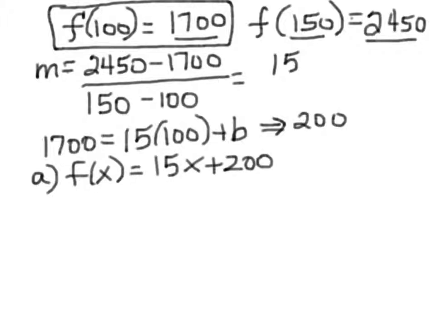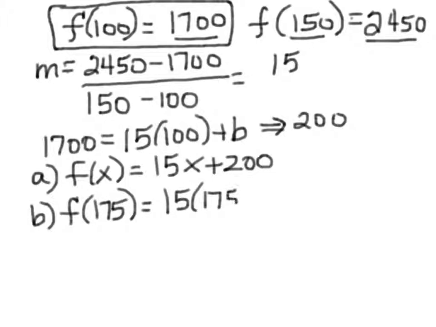What this tells me is that no matter how many people come, even if it's 0, I'm going to pay $200. And then I'm going to pay $15 for each person that comes. So that helps me figure out how much it's going to cost for any number of people. The second part of the question is to find out how much it costs for 175. So we're going to plug in 175 like that, add 200 to it, and our cost is $2,825.